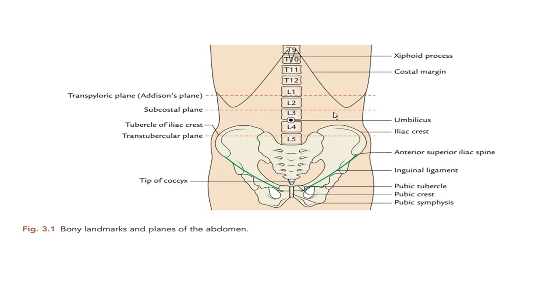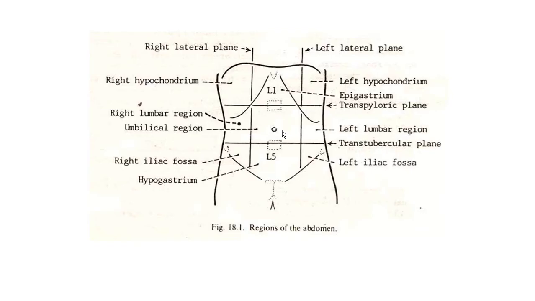All right, these planes, such as the transpyloric plane, subcostal and transtubercular, are used to describe the nine regions or four quadrants of the abdominal cavity, which clinicians refer to in describing the location of the abdominal viscera and abdominal pain.